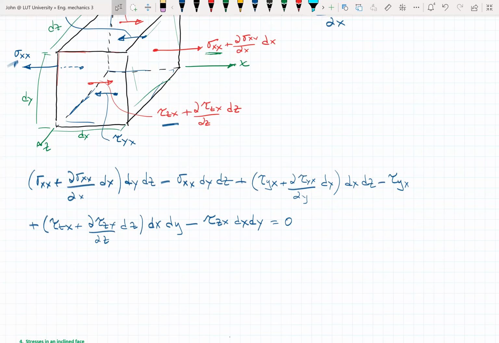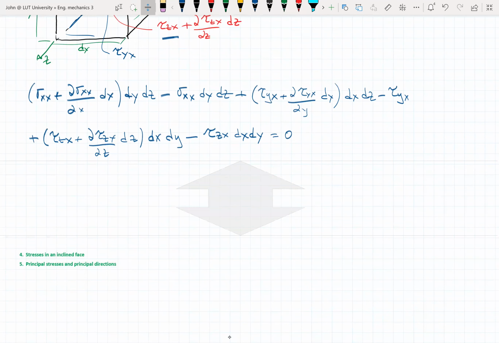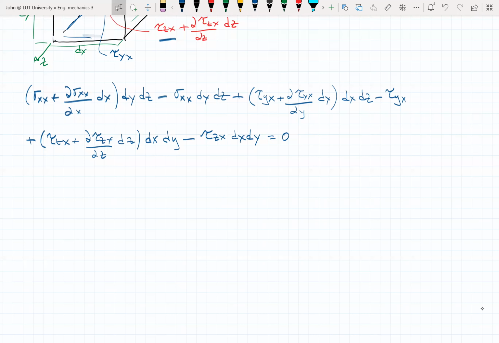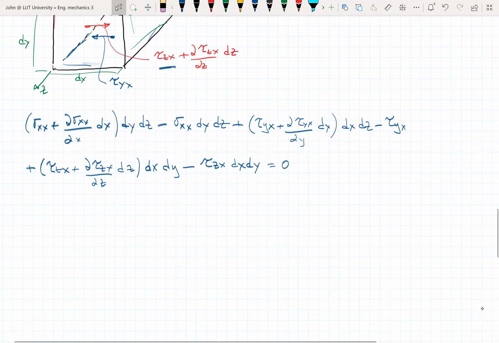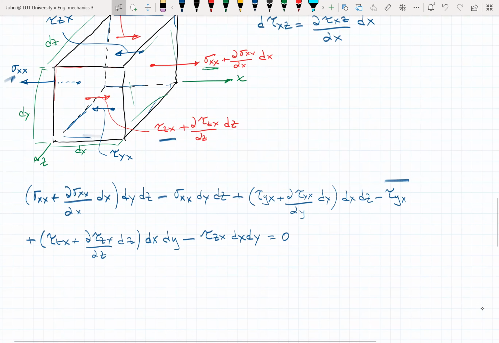Now let's take a bunch of things out of those parentheses and make the subtractions or simplifications needed to get to a nicer looking conclusion. Right, something that I missed here was that this stress, you mark it here, I need to multiply it by the area where the stress is applied.